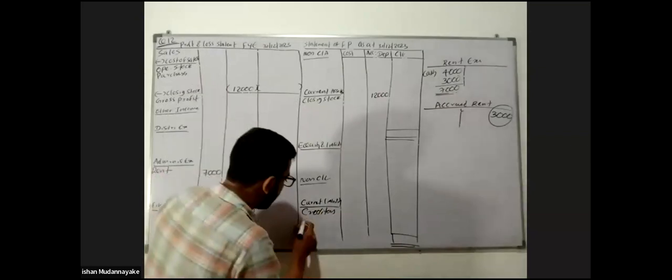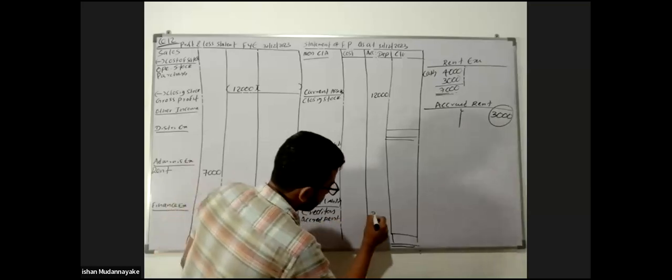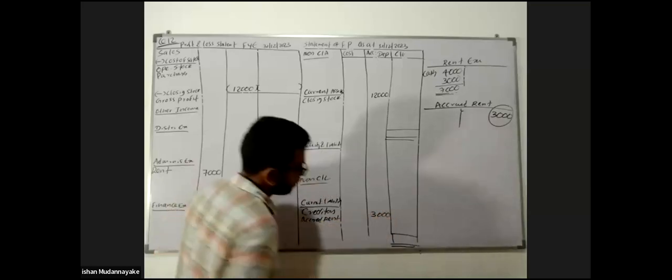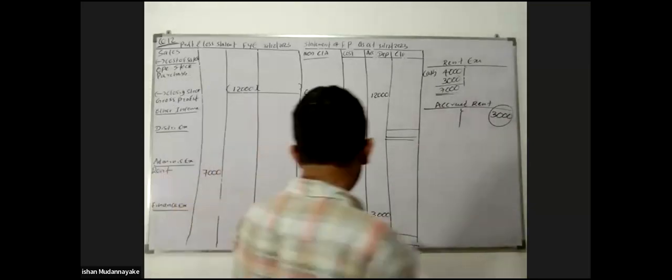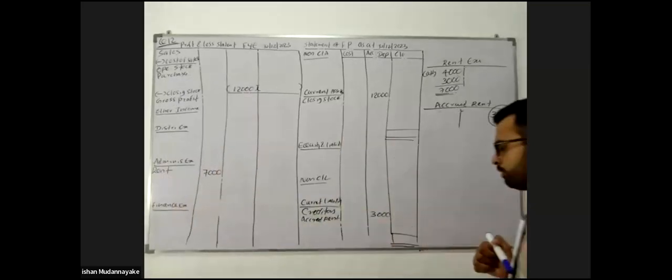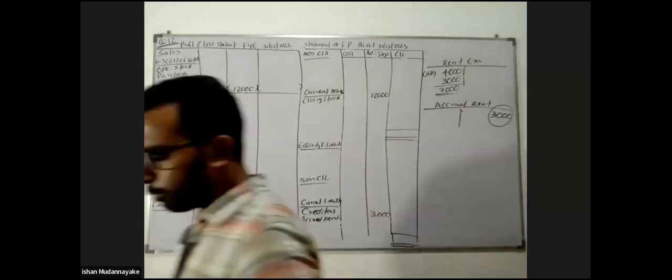Then here write down accrued rent. Accrued rent, how much? 3,000.